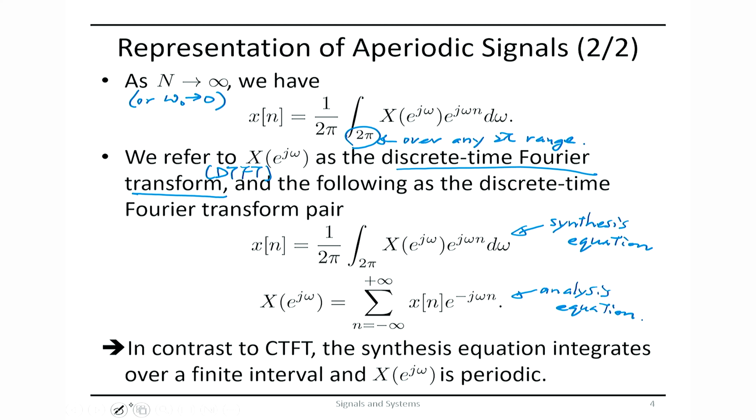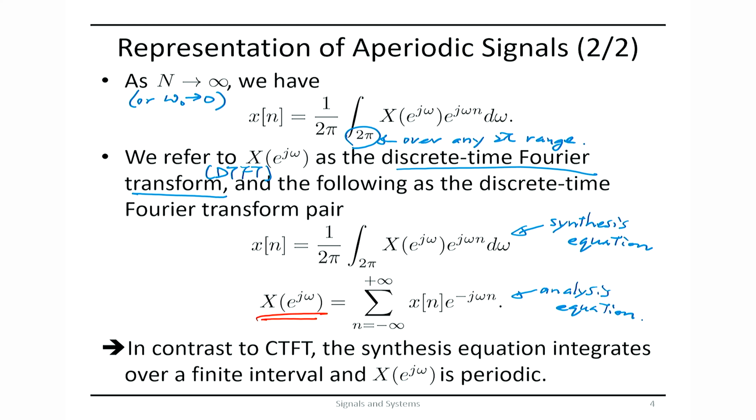Now, another thing worth mentioning is that in the discrete case, we're representing the spectrum as a function of e to the j omega.